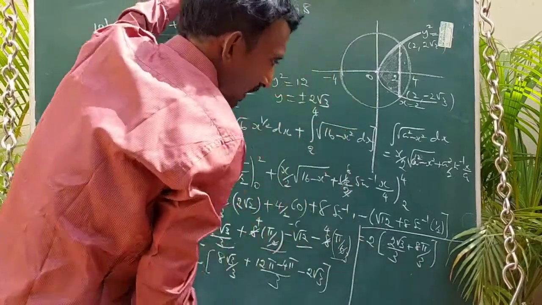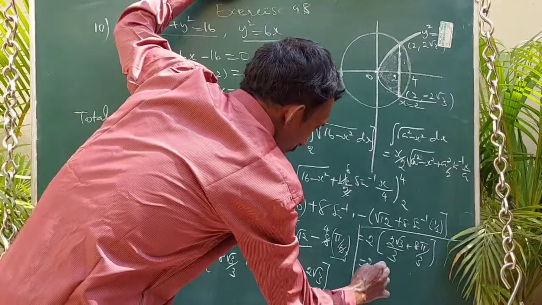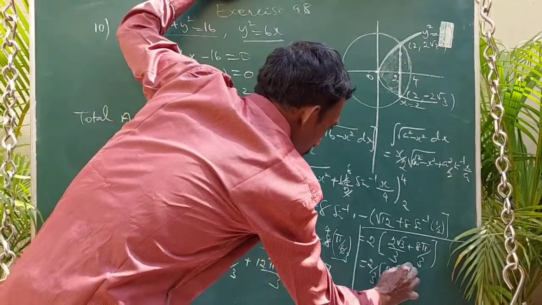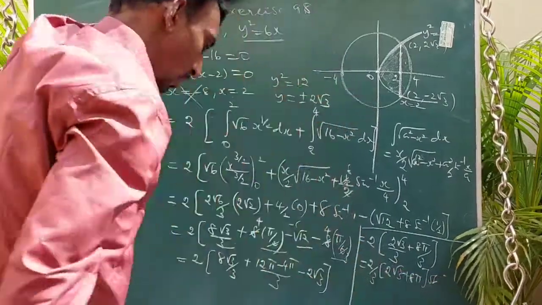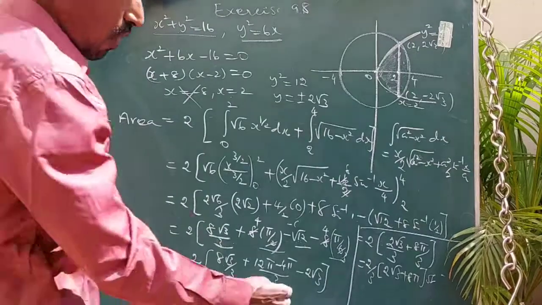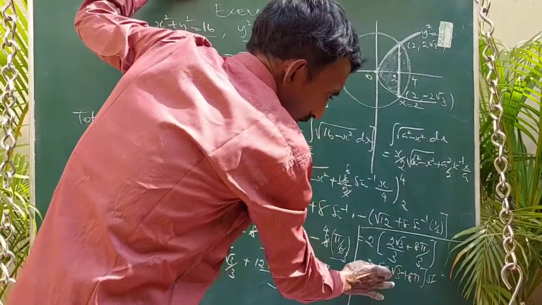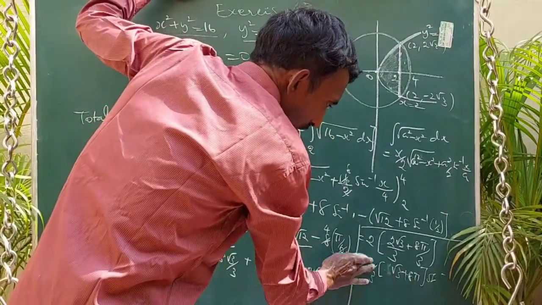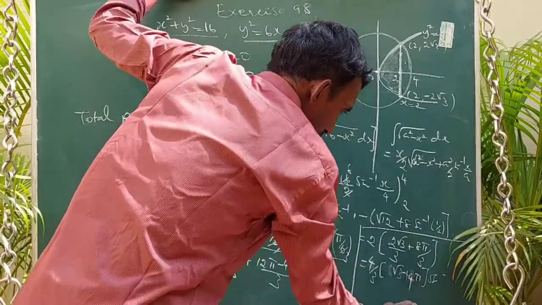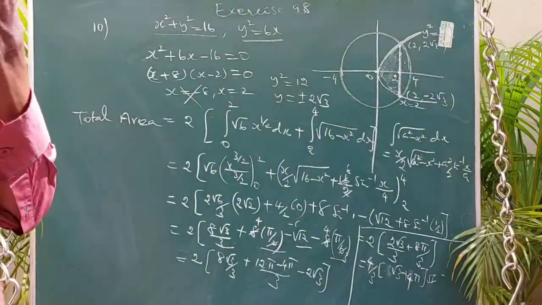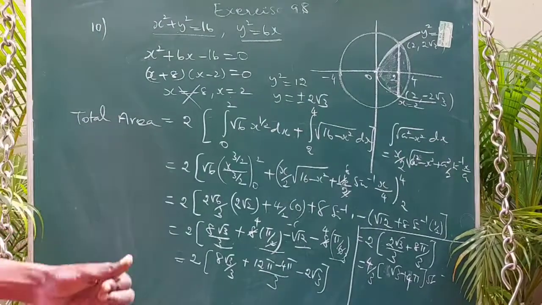If you want you can take 3 in common. So 2 by 3 into 2 root 3 plus 8 pi square units. You have to put square units, or if you want you can take 2 in common. So 4 by 3 root 3 plus 4 pi square units.